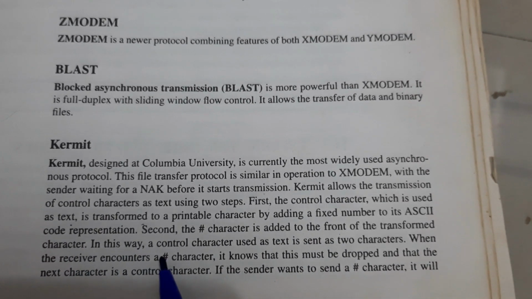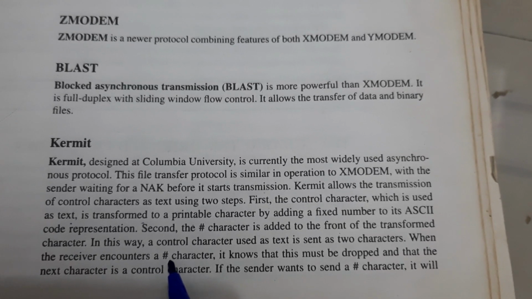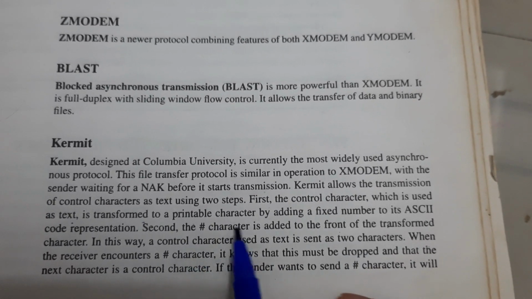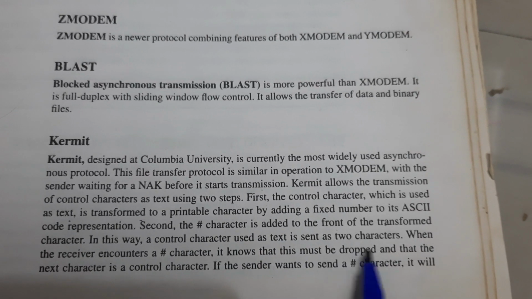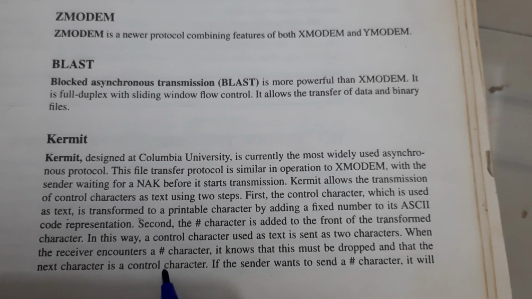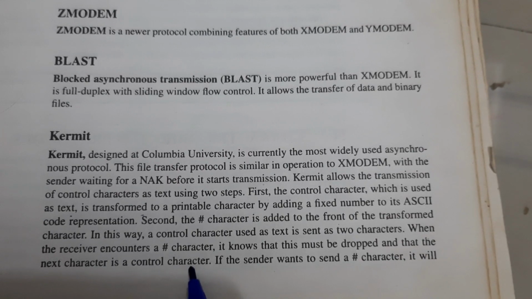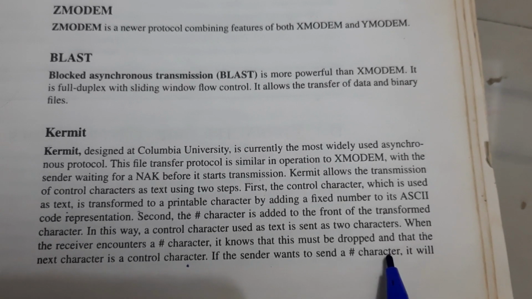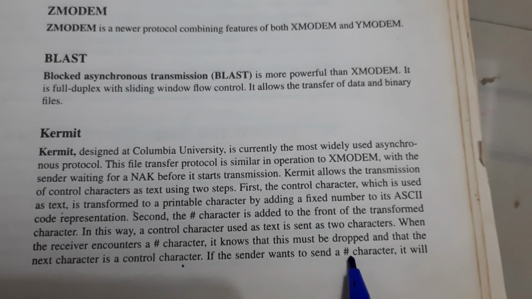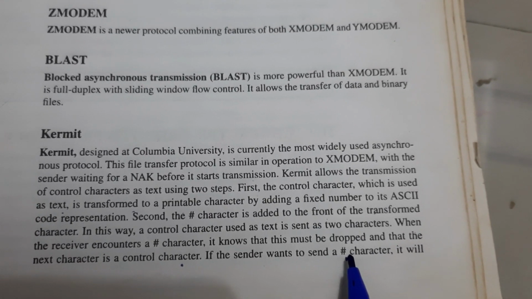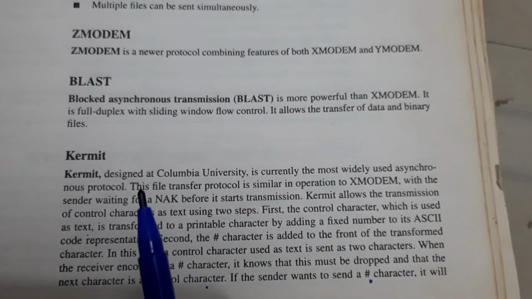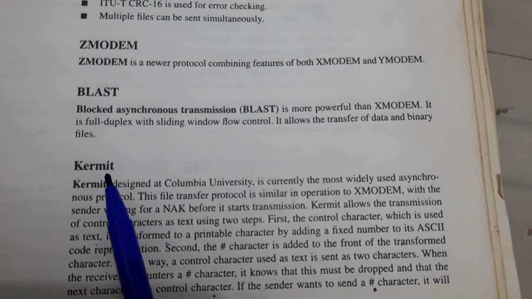If the receiver detects this hash character, it knows it must be dropped because it marks a control character. If the sender wants to send a hash character, it sends the hash twice, so the receiver drops the first hash and takes the next one as data. This is known as the Kermit protocol.